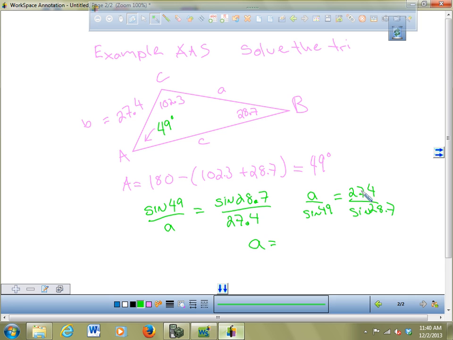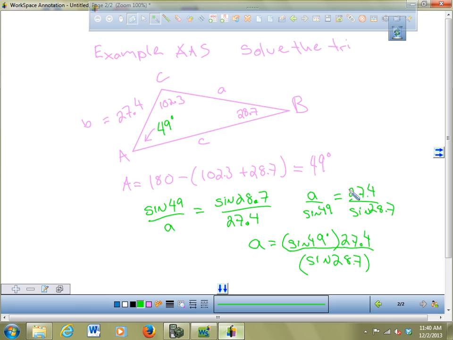I would solve for A. And so A is going to be equal to sine of 49 degrees times 27.4 divided by sine of 28.7. And then all you have to do is plug that whole chunk into your calculator, and then you don't have to worry about rounding errors and stuff like that. Any questions on how I got to here from here?